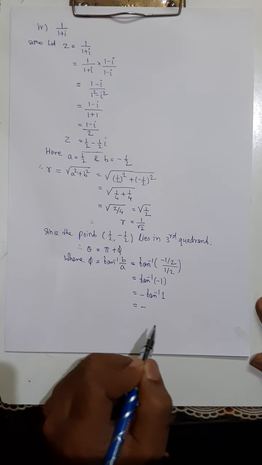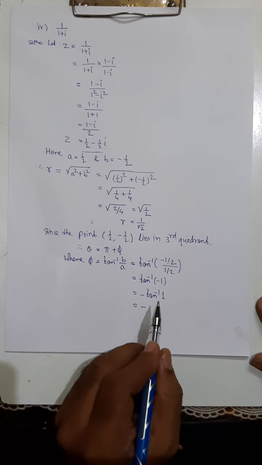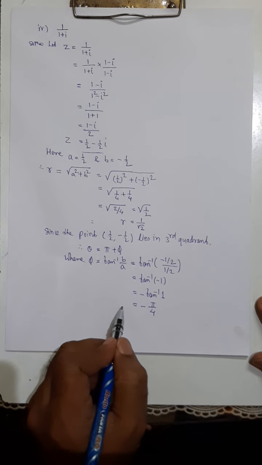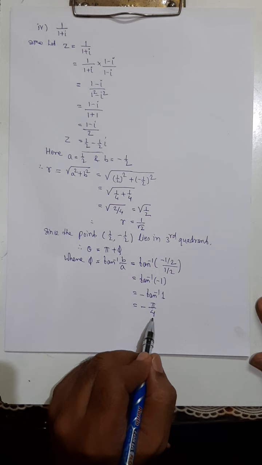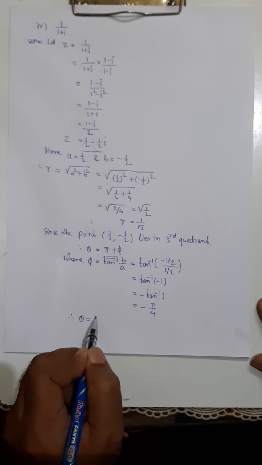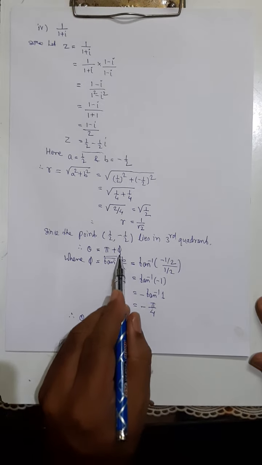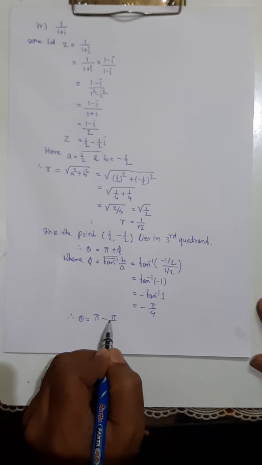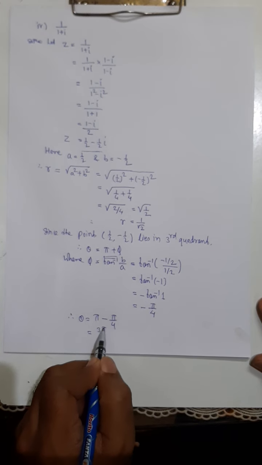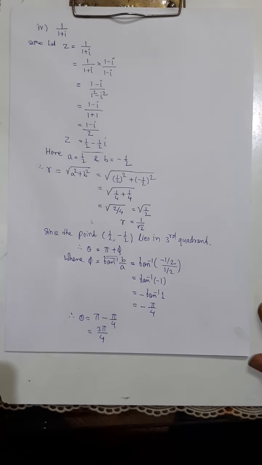We know the value of tan 45 is 1, so tan inverse 1 is 45. 45 means pi by 4, and thus we get phi equal to minus pi by 4. We substitute this value here, and thus we get theta equal to pi minus pi by 4. Cross multiplication, 4 pi minus pi, we get here 3 pi divided by 4.